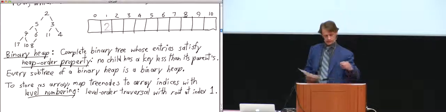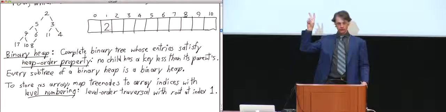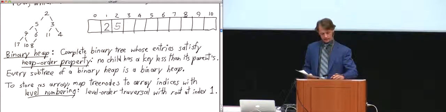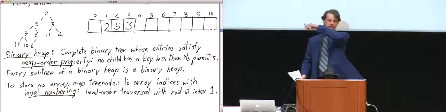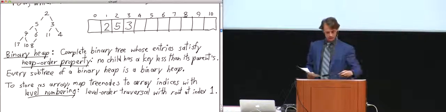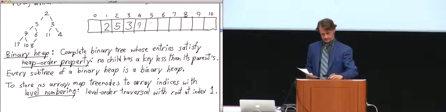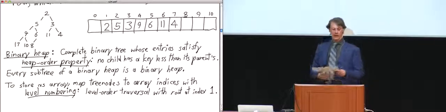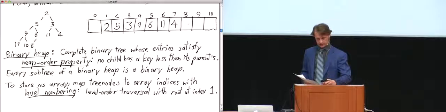So there's the root. I'm going to take its 2 children next and write them in order from left to right. I'm going to take the grandchildren next, 9, 6, 11, 4. And then I go down to the next level, depth 3, and write those in, 17, 10, 8 from left to right.